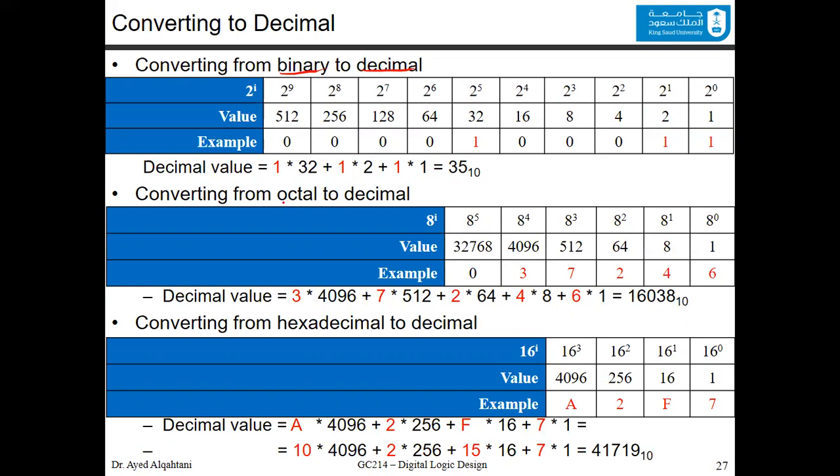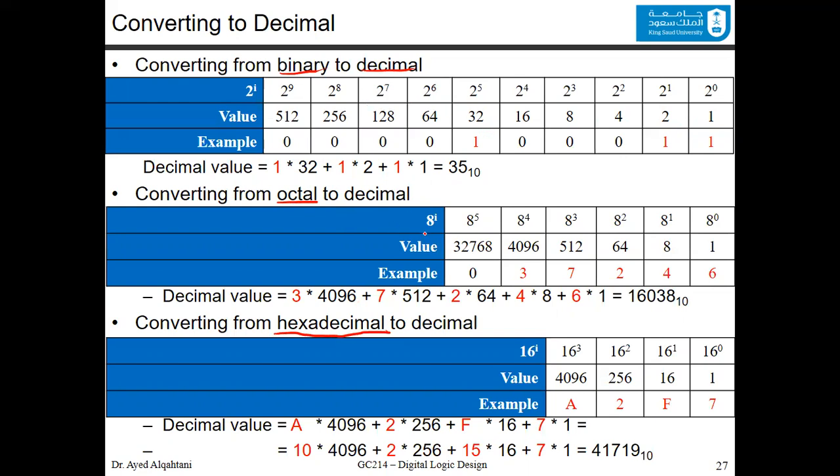Now, if we have an octal base or hexadecimal base, and we want to convert to decimal, can we do it in a way similar to the binary? Yes. How? Now, the weights are different. As you can see in the binary, the weights are 1, 2, 4, 8, and so on, which are the powers of 2.